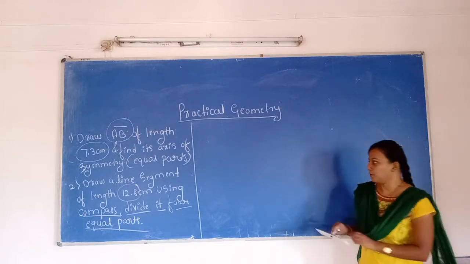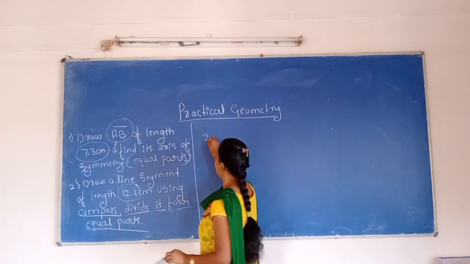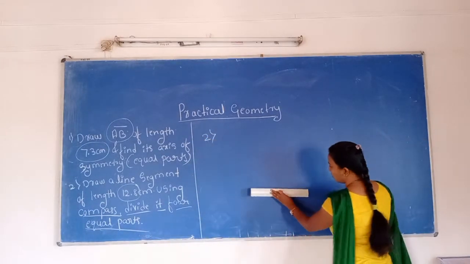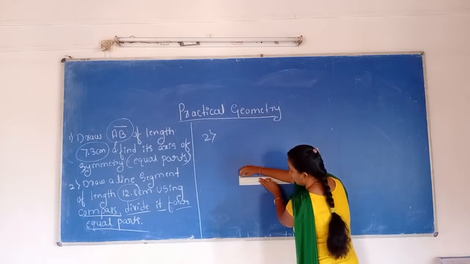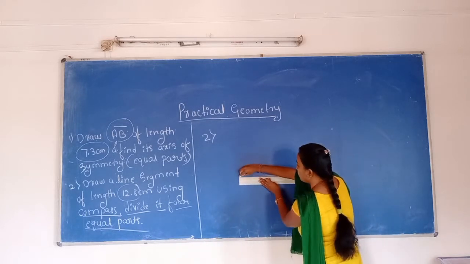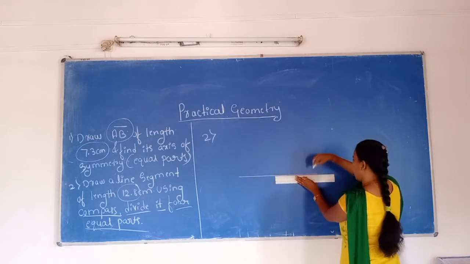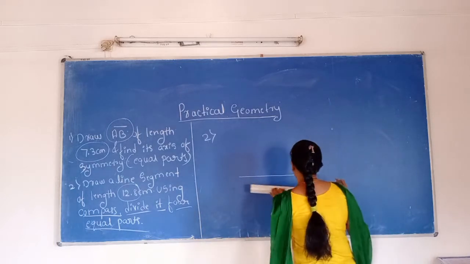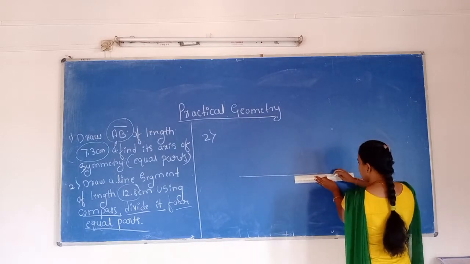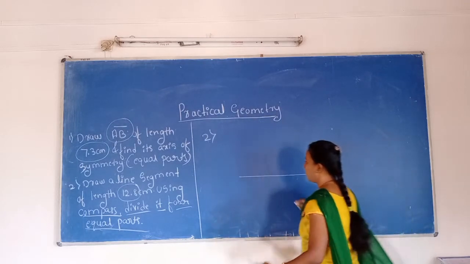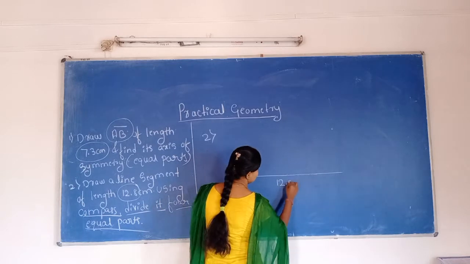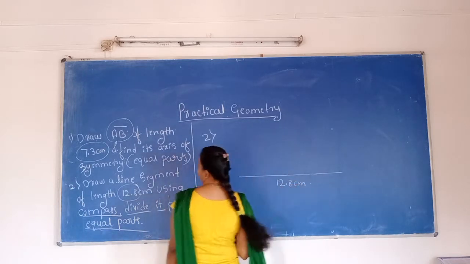So first of all, second one, you have to draw how many centimeters? 12.8 centimeters, using your compass or scale. Draw the 12.8 centimeter line.